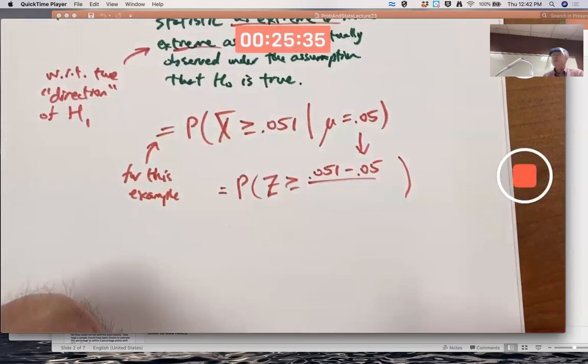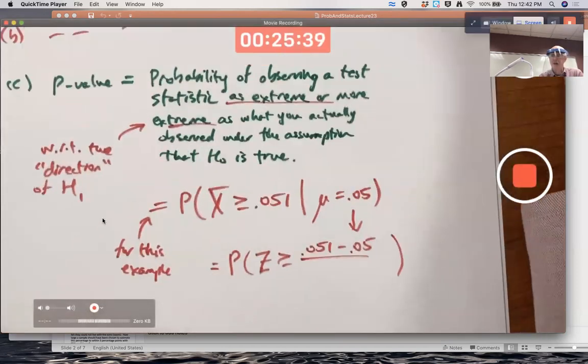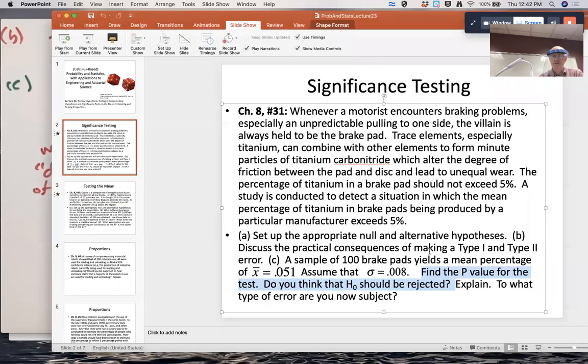I have to divide by the standard deviation. What does that mean? Do I divide by 0.008? Some people saying yes. I see some people saying no. You divide by not sigma, but sigma over square root of n.